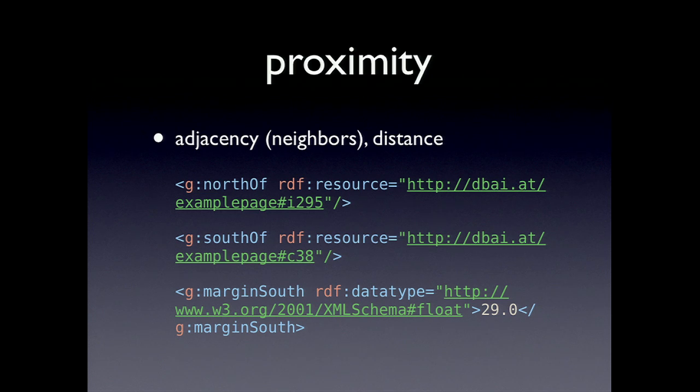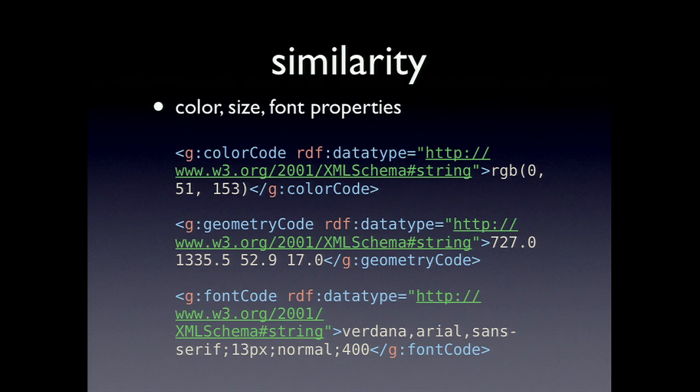It has a particular margin, like this margin south of 29 pixels to another element, which is written on the bottom. For similarity, when we don't look at the content, which we don't do, we have to look at color, size, and font properties, so basically all the stuff that our browser gives us. And for that, we can look at color code and geometry code, font code, and just write this back into the model.